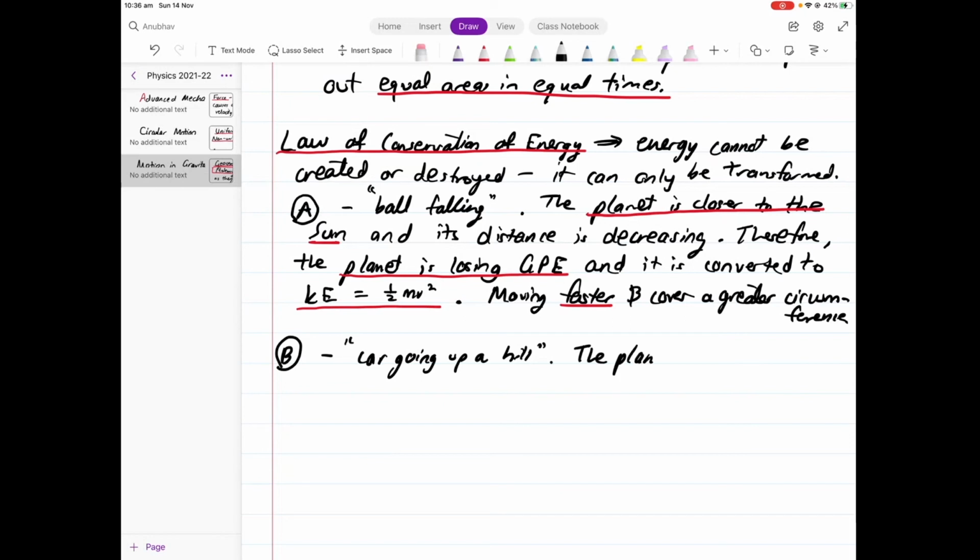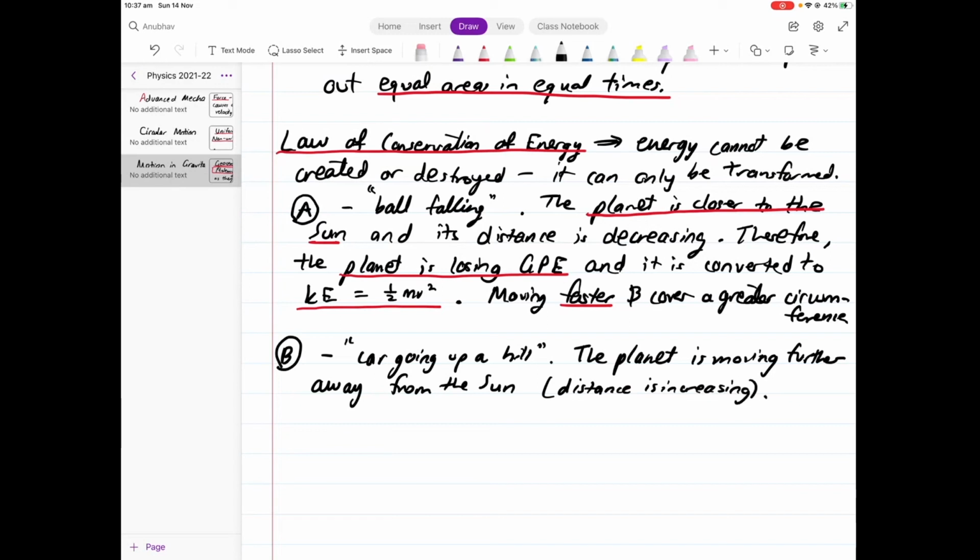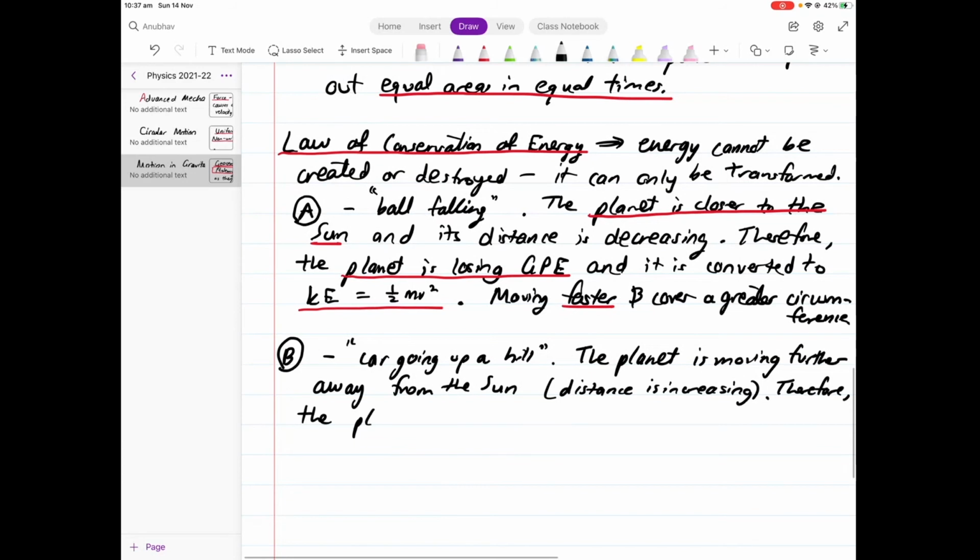The planet is moving further away from the sun, i.e., its distance is increasing. And if the distance increases, going up a hill, the planet gains potential energy.